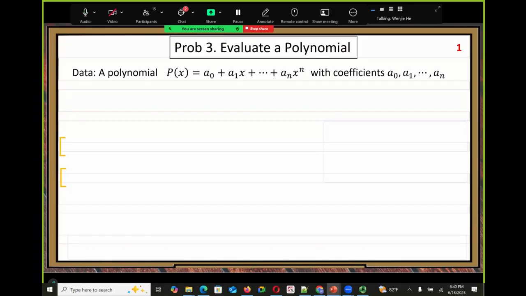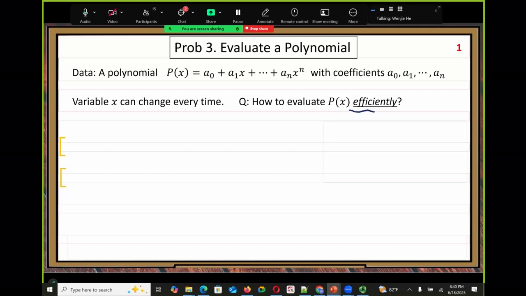These coefficients we store in an input array. We store all the coefficients of the polynomial. Then x is the variable, so we can take different values for x. Then we need to evaluate this polynomial capital P. Question: how do we evaluate this polynomial efficiently?